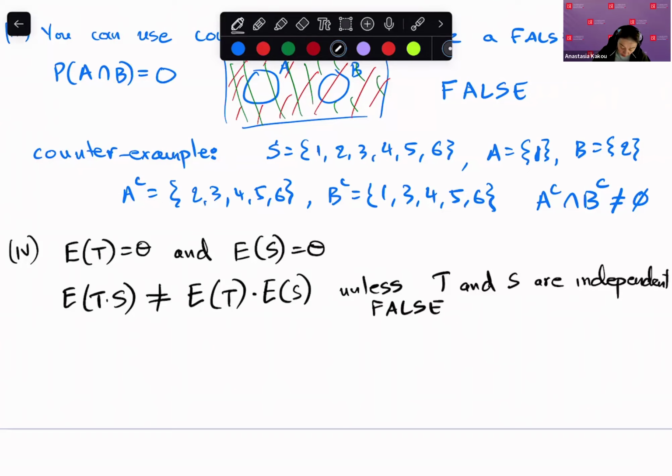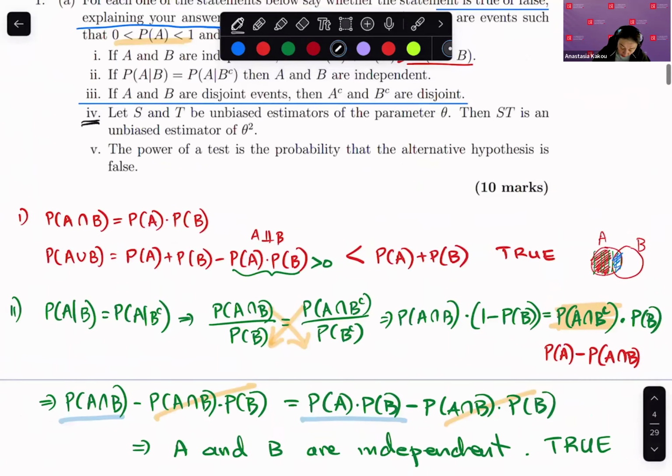And finally, for the last bit: the power of the test is the probability that the alternative hypothesis is false. Well, we are going to stick to the definition in order to prove this.